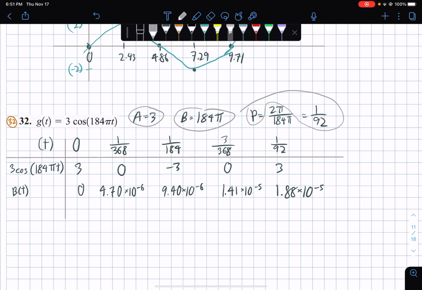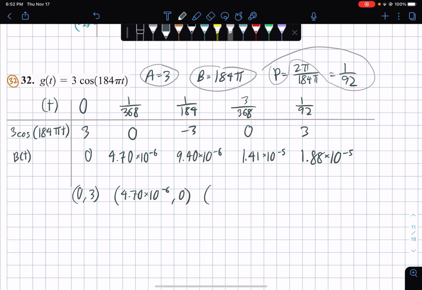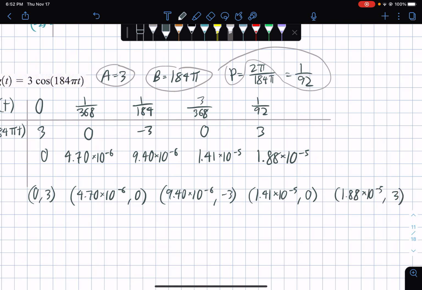Okay, so let's tally. Get something like that. 1.41 times 10 raised to negative 5 and 0. 1.88 times 10 raised to negative 5 and 3.